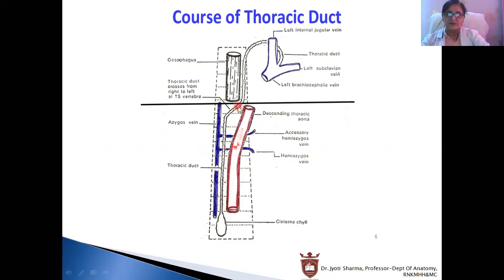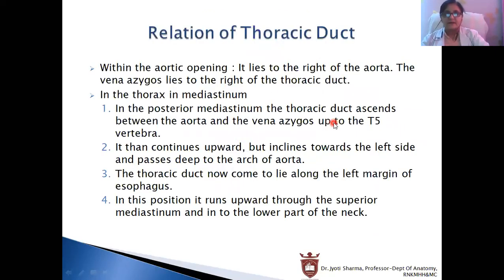This is the aortic opening in the diaphragm, where this is the esophagus. This is the esophagus, this is aorta, and this is the azygous vein. In the aortic opening, it lies to the right of the aorta, and the vena azygos or azygous vein lies to the right of the thoracic duct.